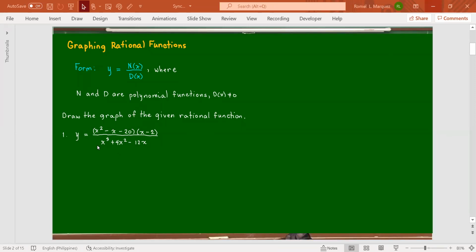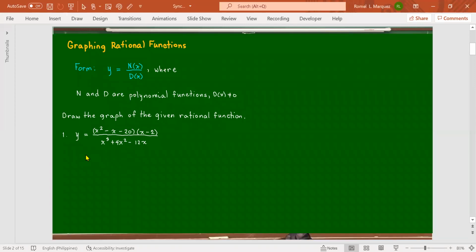Number 1, y equals x squared minus x minus 20 multiplied to x minus 2, and that is all over x cubed plus 4x squared minus 12x. So the first thing to do is to express the right side in factored form.